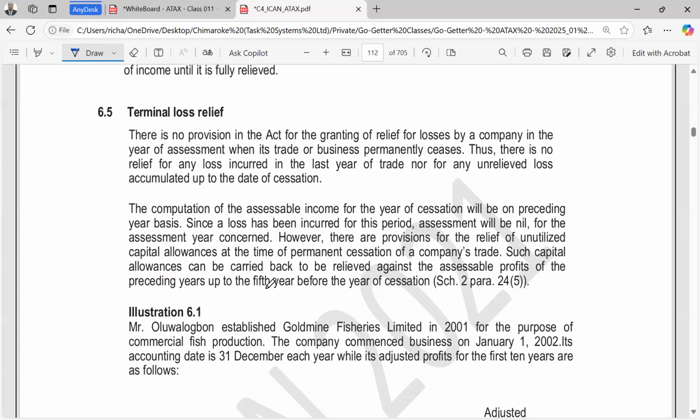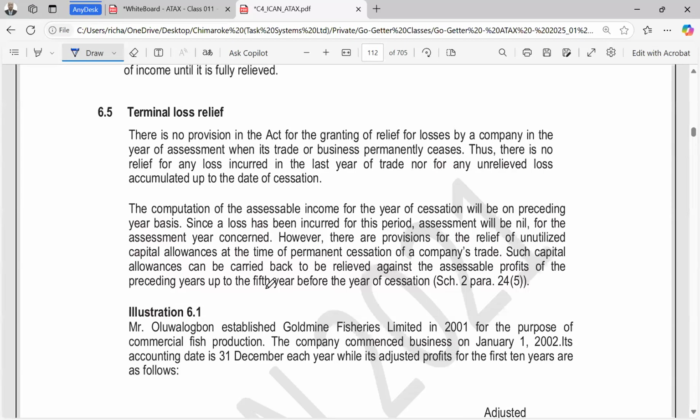Any unrelieved loss that has been accumulating up to the date of cessation will be lost forever on the date of cessation if there is no profit to relieve it. That's a serious problem.